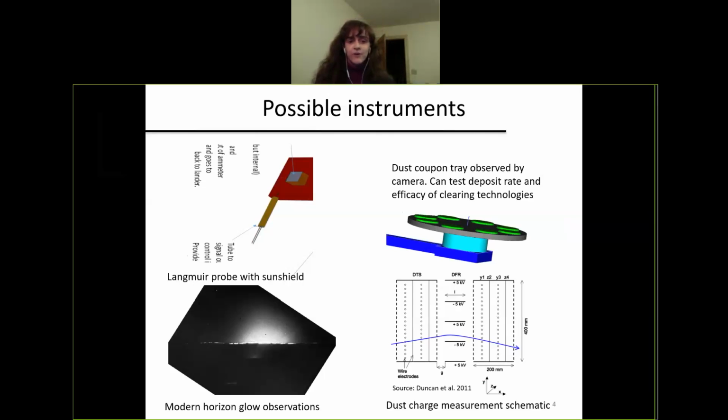You could look for horizon glow evidence using modern camera technology. And then a more challenging measurement, but one that has been done in other planetary contexts, would be to measure the charge on individual dust grains. These were some of our suggestions from this lunar science definition team. That's what I have. Thank you.